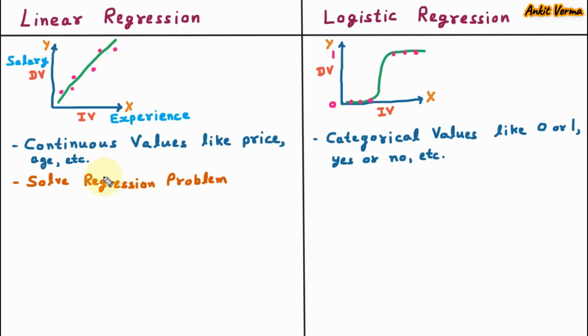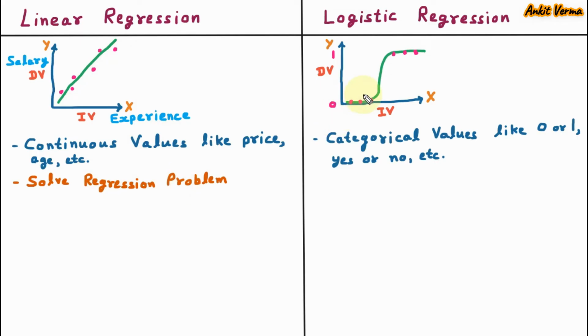A regression problem is part of supervised learning where we have a continuous relation between the dependent variable and the independent variable. Just like if experience is growing, salary is also growing. This is the positive relation. And there is one more example. If the age of a car is increasing, the price will decrease. This is the negative correlation.